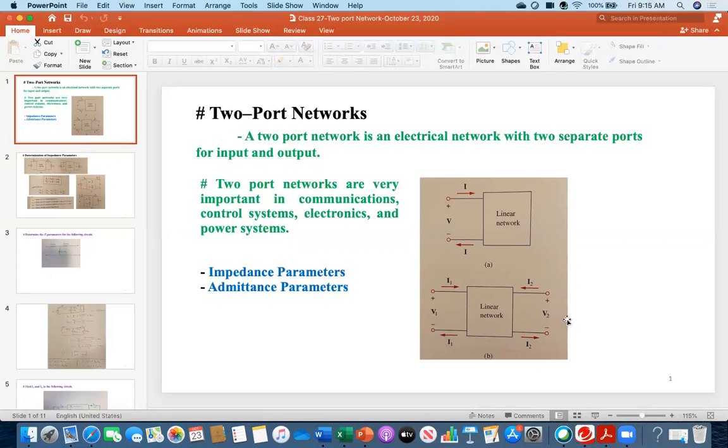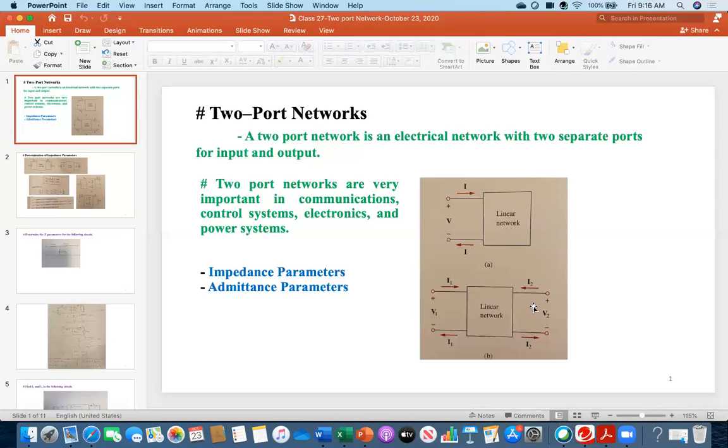In real practice, there are multi-port networks as well. Now, the best example of this type of network is the magnetically coupled circuit that we just covered, until your exam, the last class, or the transformer. You see, a transformer has the primary, for example this one, and then there is the secondary. So a transformer or magnetically coupled circuit is the best example of this type of network.